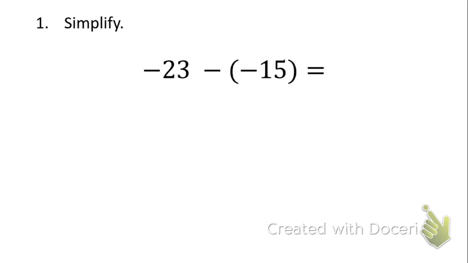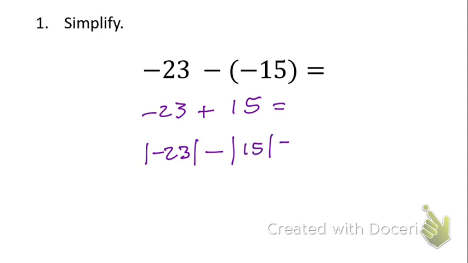So here, if you're not doing the keep, change, that would be my suggestion to you. Keep, change. So then if you notice, we have different signs. So that means I've got to go to absolute values. I can only go to absolute values if I have addition. I've got addition. So which one has a larger absolute value? Negative 23. Different signs mean I subtract the two absolute values.